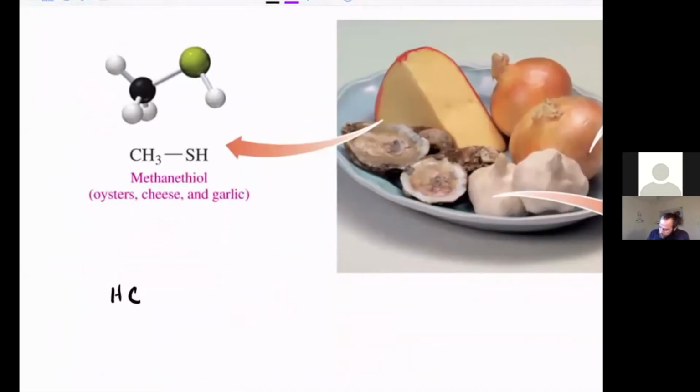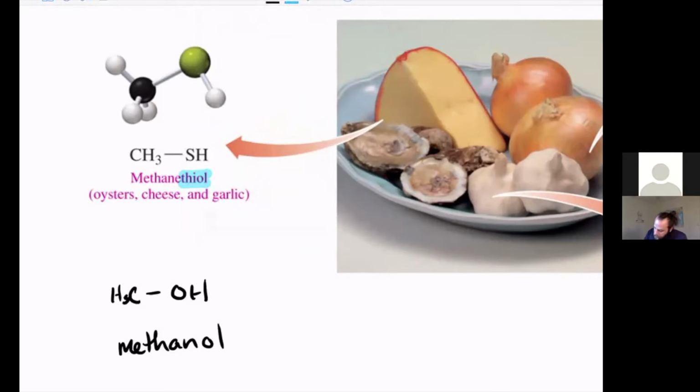This was CH3OH, that would be methanol. When it's a thiol, we put that whole word on the end, right? So now this has the thiol suffix. So an ol is an alcohol, a thiol is a thiol.